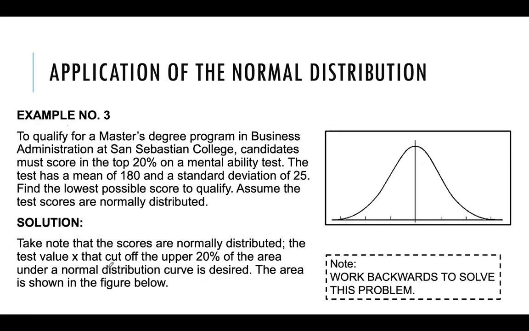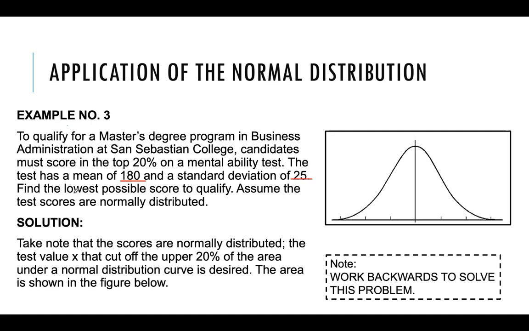Okay. Another example: to qualify for a master's degree program in business administration at San Sebastian College, candidates must score in the top 20% on a mental ability test. The test has a mean of 180 and a standard deviation of 25.